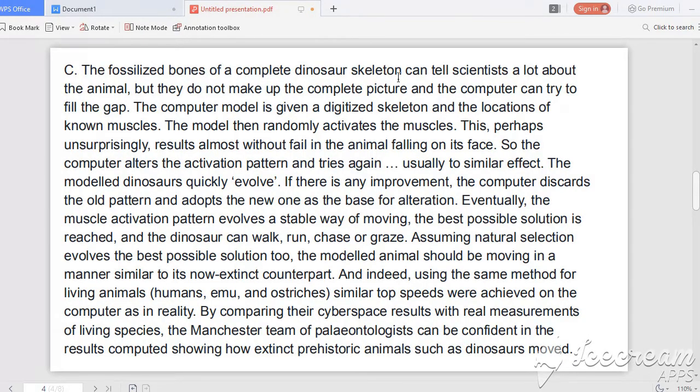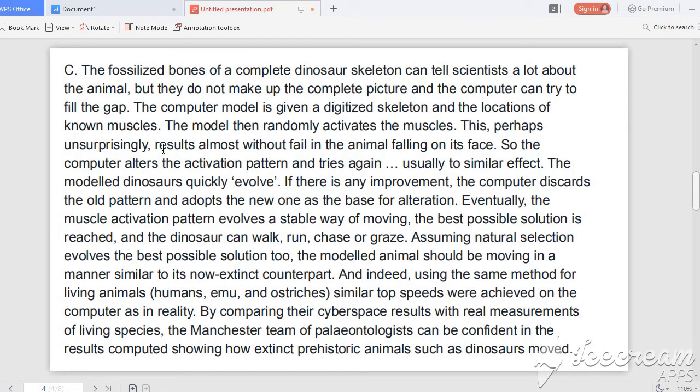Fossilized bones of a complete dinosaur skeleton can tell scientists a lot about the animal, but they do not make up the complete picture, and a computer can try to fill the gap. The computer model is given a digitized skeleton and the location of known muscles. The model then randomly activates the muscles.